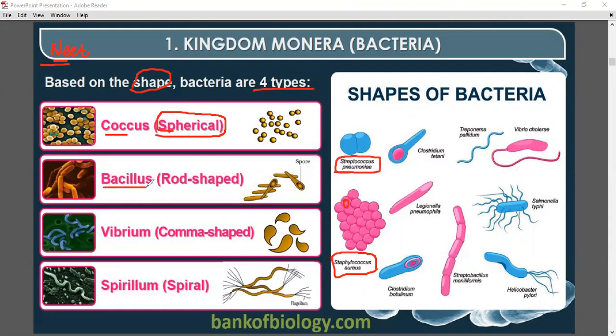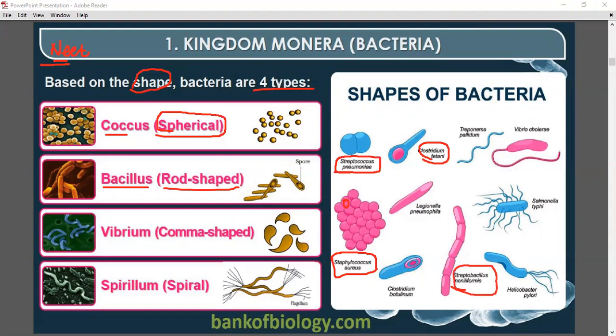Then you have the bacillus, which is a rod-shaped bacteria, for example Clostridium tetani. And if the rods are combined together, you call it streptobacillus, etc.